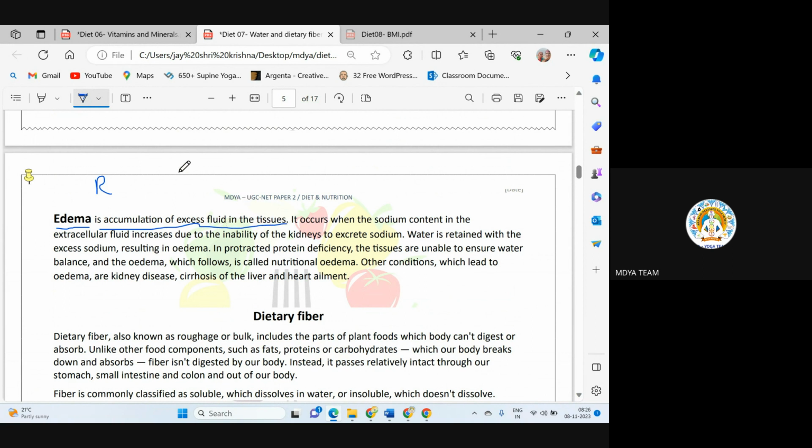What is the first measure you will take? Will you decrease water intake? For people who are drinking too much water, yes, water intake should decrease. But who is responsible for retention of water?